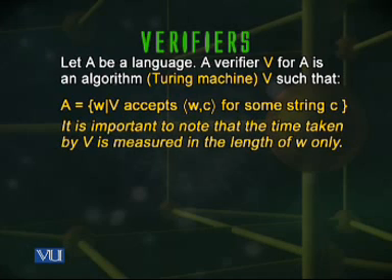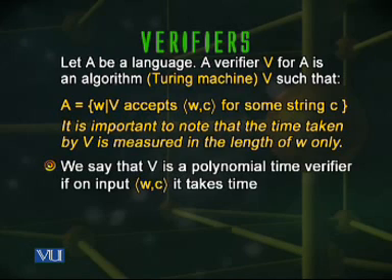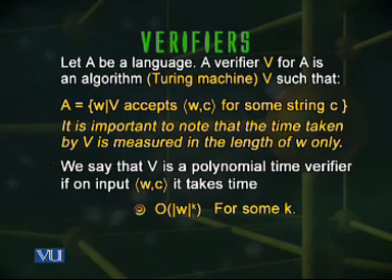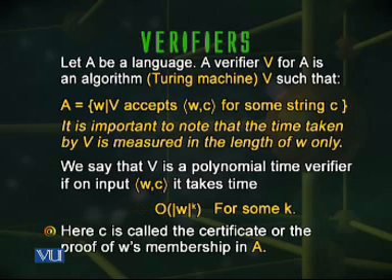It is important to note that when we measure the time taken by a verifier V, we measure it in terms of the length of w only. We say that V is a polynomial time verifier if on input ⟨w, c⟩, it takes time O(|w|^k) for some k. Here, c is called the certificate or the proof of w's membership in A.